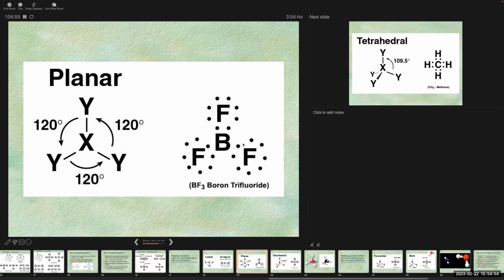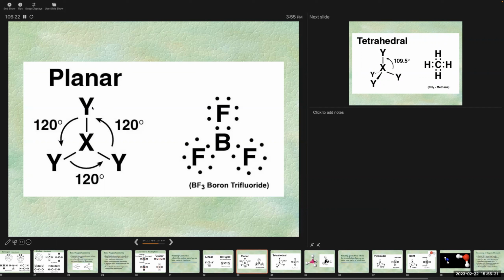So if you look at that boron atom in the middle, it's got a bonding pair with one fluorine, a bonding pair with a second fluorine, and a bonding pair with a third fluorine. So the boron in the center has no lone pairs of electrons. These three fluorines are going to try to get as far away from one another as they possibly can. And the best way to spread out is to spread out evenly.